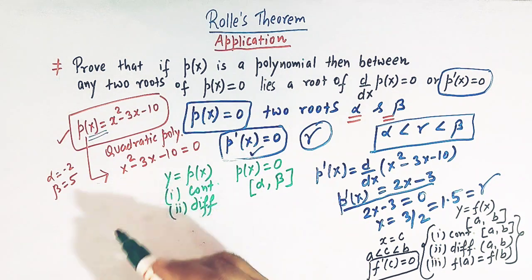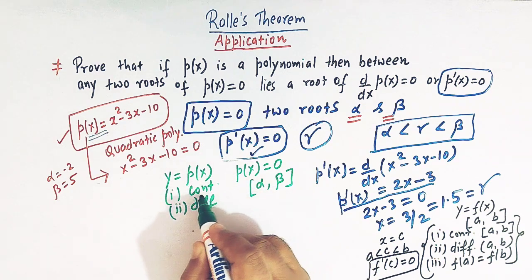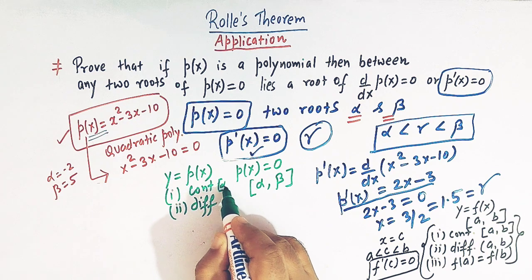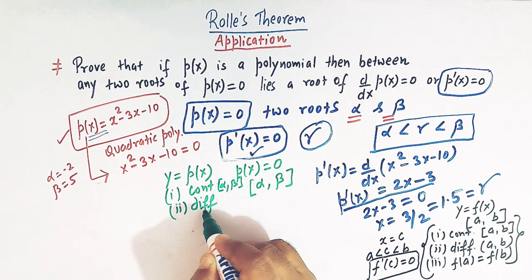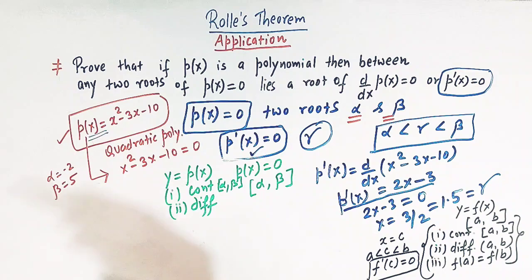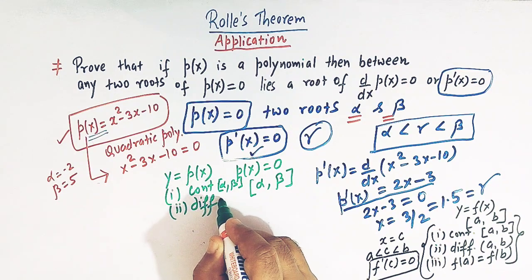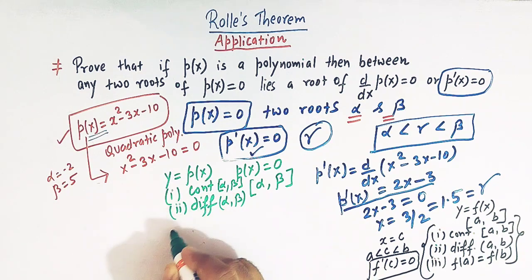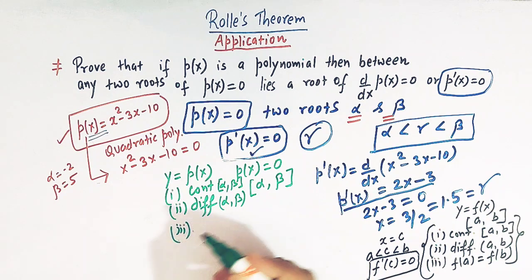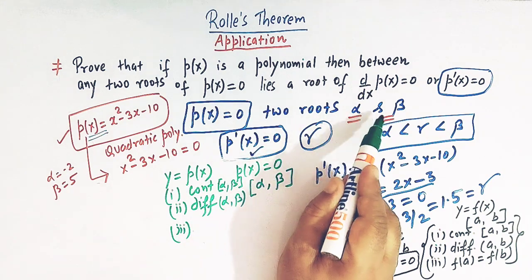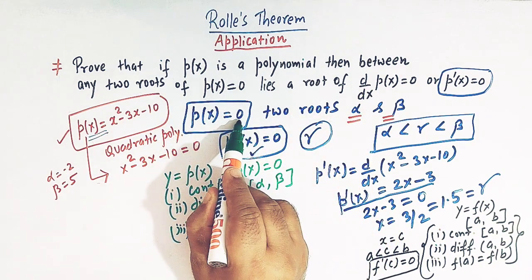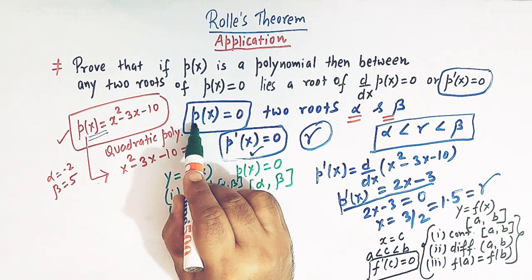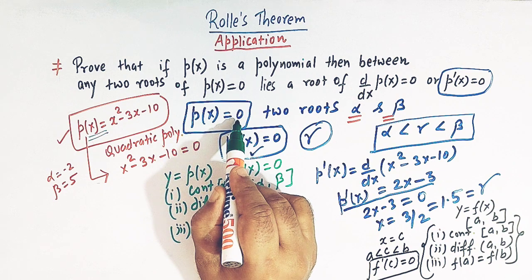So p of x is a polynomial function. Obviously this function is continuous in the closed interval alpha comma beta, and being a polynomial function, it is also differentiable in the open interval alpha comma beta. And moreover, since alpha and beta are the roots of this equation, alpha and beta must satisfy p of x is equal to 0.